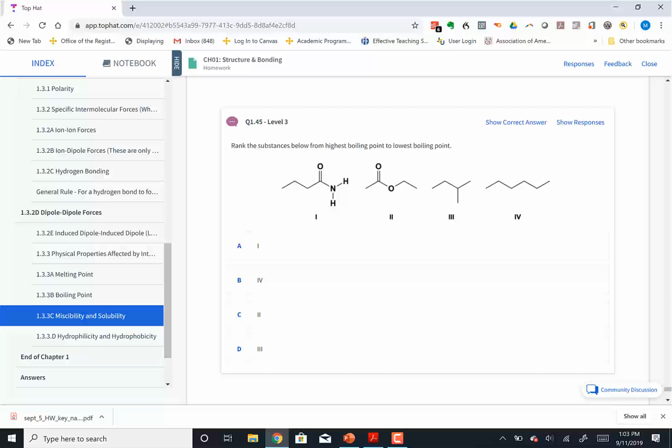So let's see, without looking at the answer key here, which ones are going to have the lowest boiling point? Three and four? Why did you say 3 and 4? Because it's really carbon and hydrogen bonds.